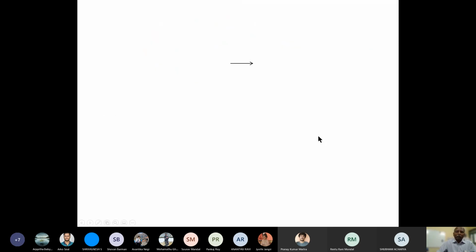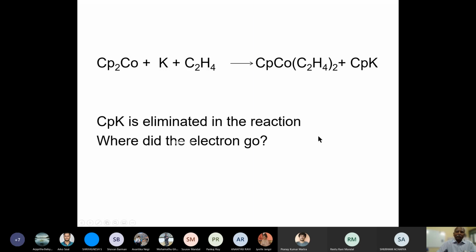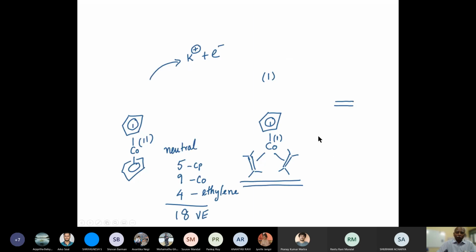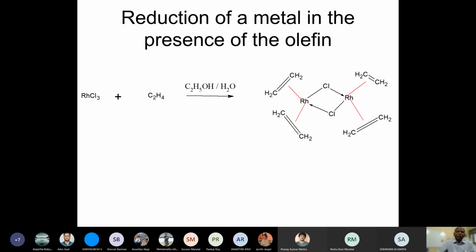So I have explained where the electron is going. Cobalt 2 plus is reduced to cobalt, and this now has an 18 electron count. That is all explained. A similar situation is there with rhodium chloride, but this time the reaction seems to be happening at reflux temperature in ethanol.